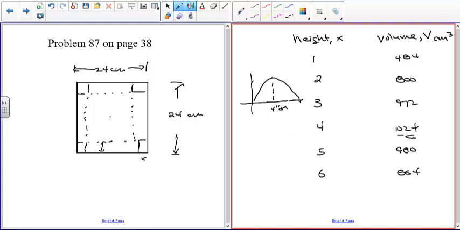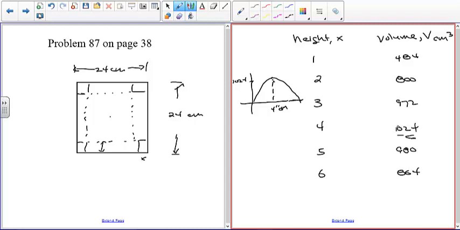I'm not sure where it ends up crossing. And then this would be the volume, which would be 1024. And again, I'm not sure if that is the exact maximum. It might be slightly different. And actually, we'll use calculus to figure that out. You could calculate the exact dimensions to get that maximum volume, but this is kind of eyeballing it.